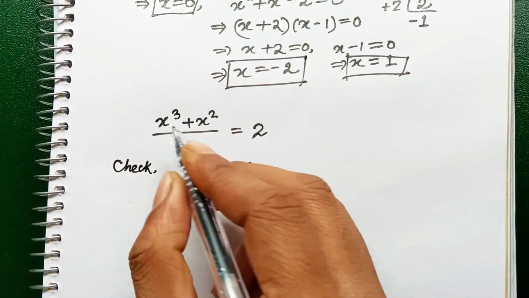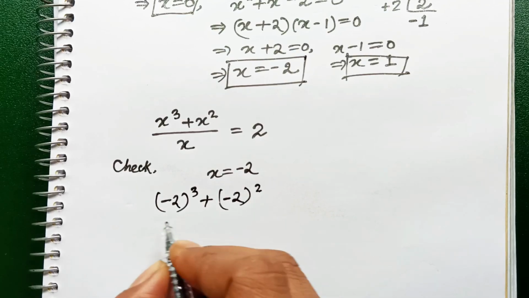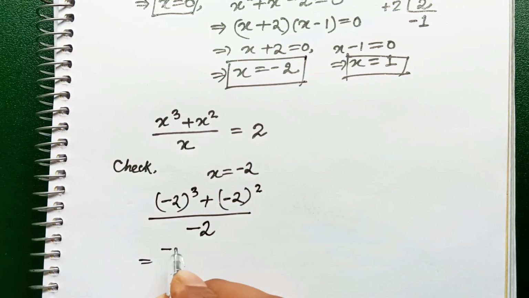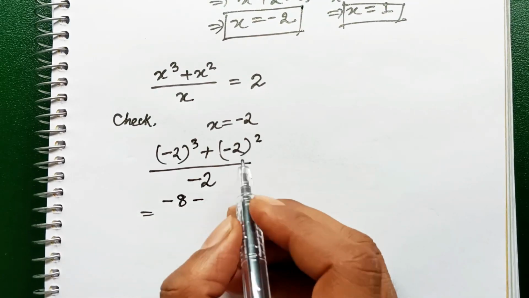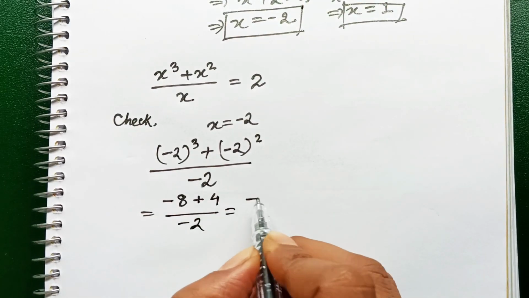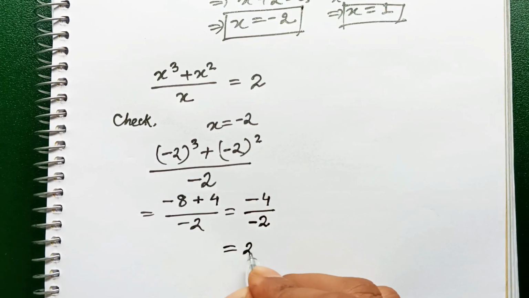So, if we plug that in, we get negative 2 cubed plus negative 2 squared all over negative 2. Negative 2 cubed is negative 8, and negative 2 squared is positive 4, so negative 8 plus 4 is negative 4, and negative 4 divided by negative 2 is positive 2.